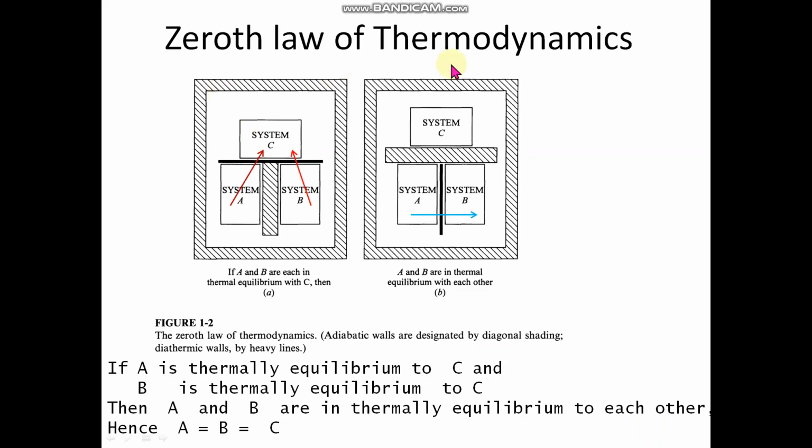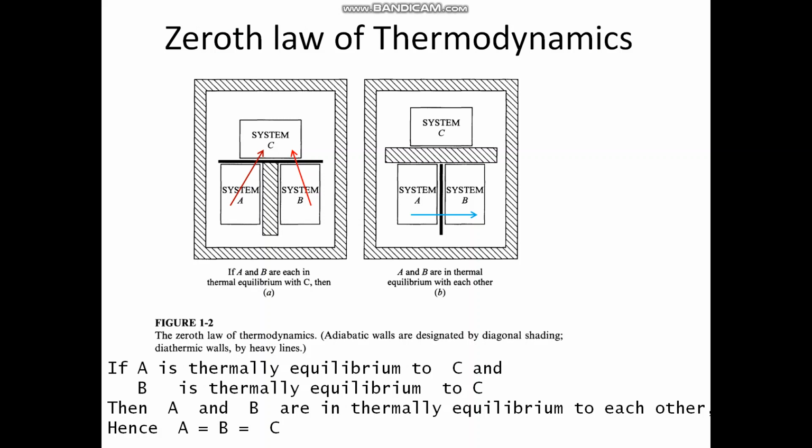Now, the zeroth law of thermodynamics. Before going on to the first law of thermodynamics, we need to know about some things. The zeroth law can be used to define temperature. It leads to the idea that all systems in thermal equilibrium with one another have a common property having the same value for all of them.